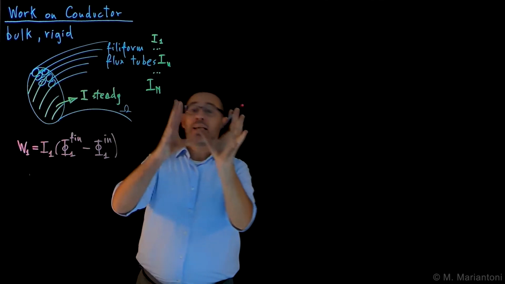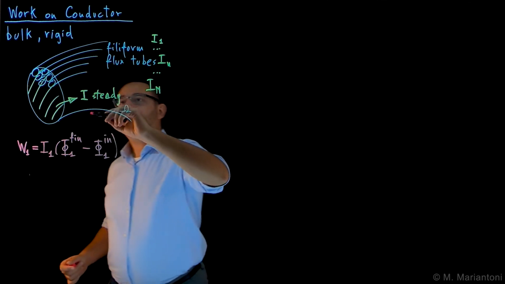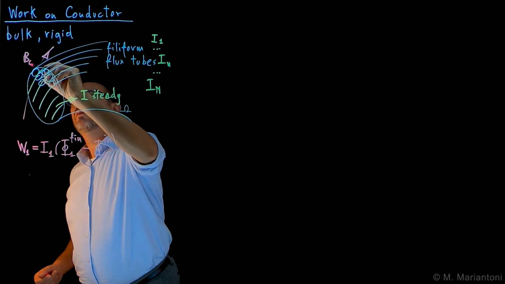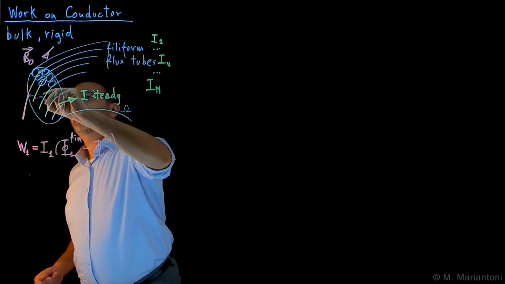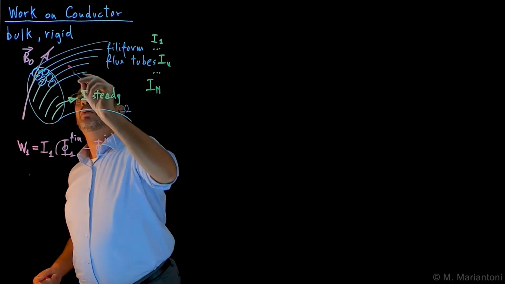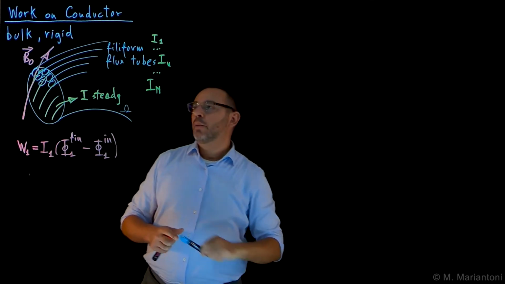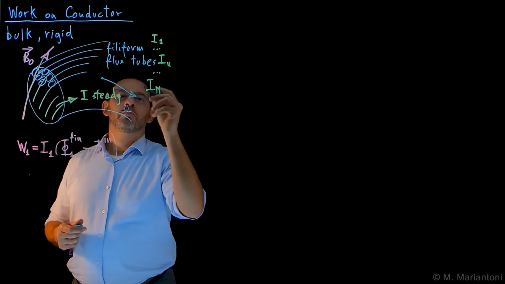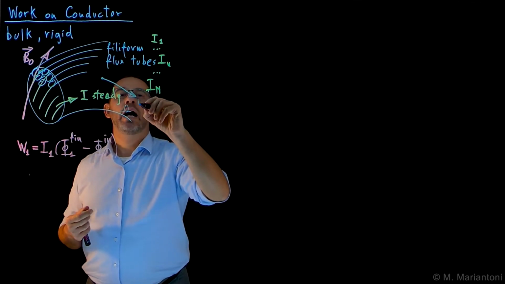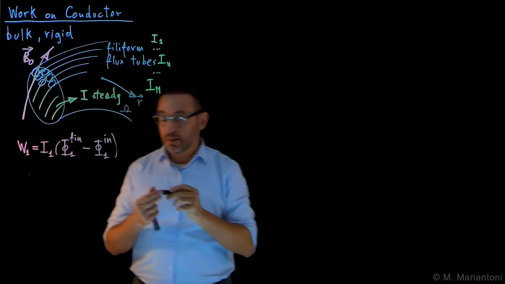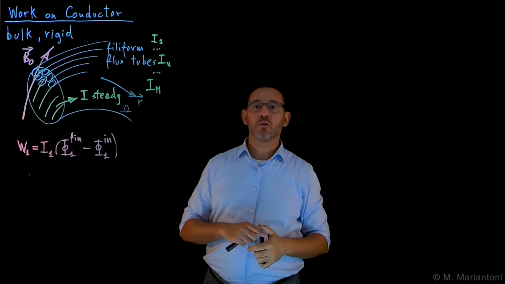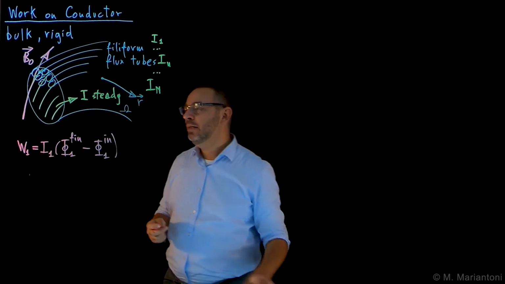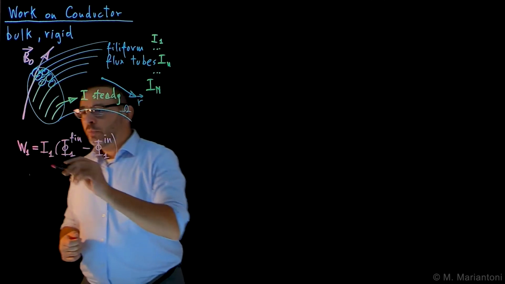Okay, because I'm displacing this conductor, which lives in an external field B naught. So this is my external magnetostatic field B naught, and I'm displacing it by a certain amount, let's say we can call it small r, some quantity. So we are displacing it by some amount in presence of an external field B naught. It's rigid, so we only care about the external field. This is the work W1.